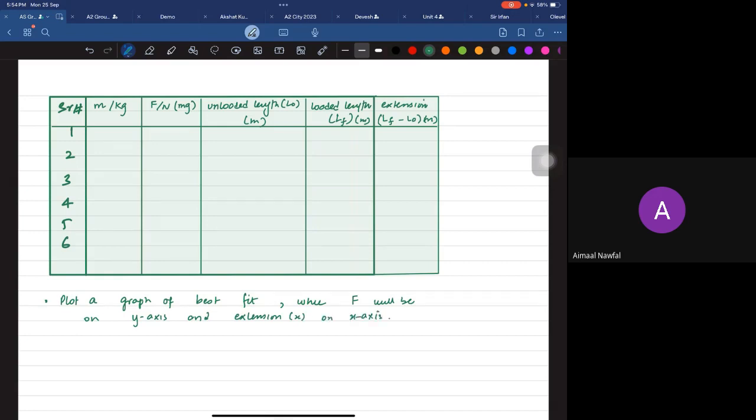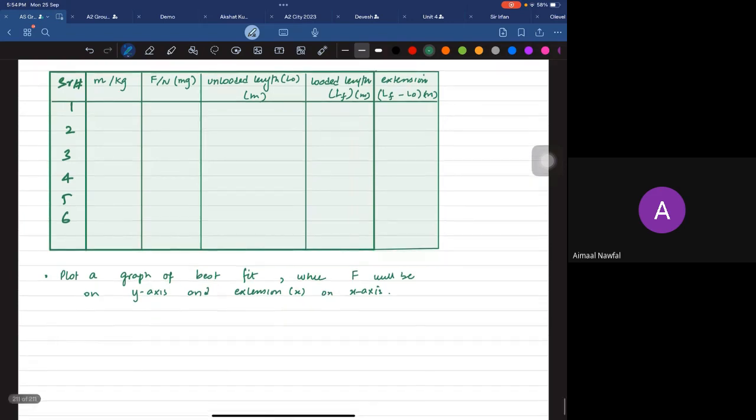So you can do that. Now, when you draw the graph, I just want to tell you this very important part, that this graph you have must start from the origin, by the way.